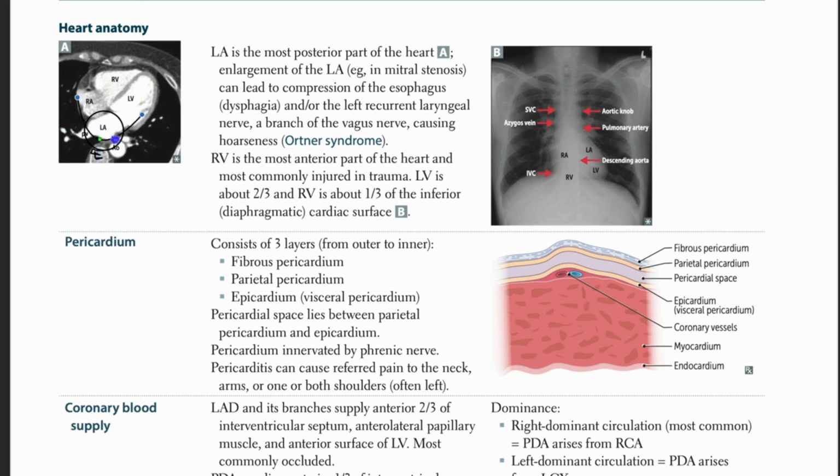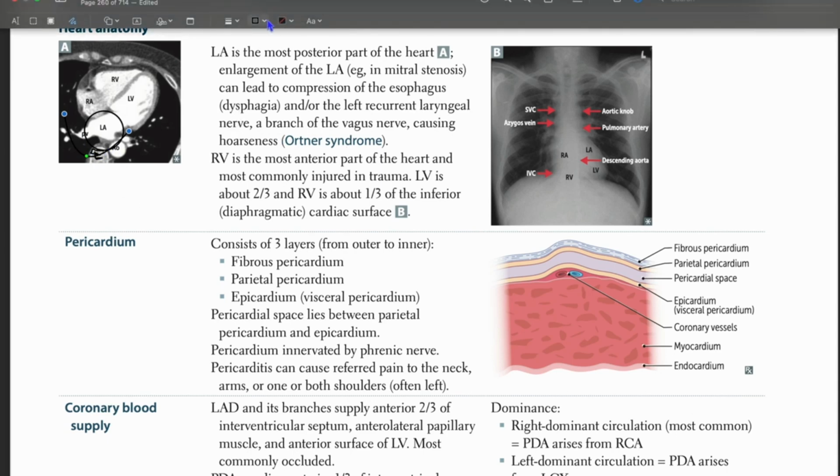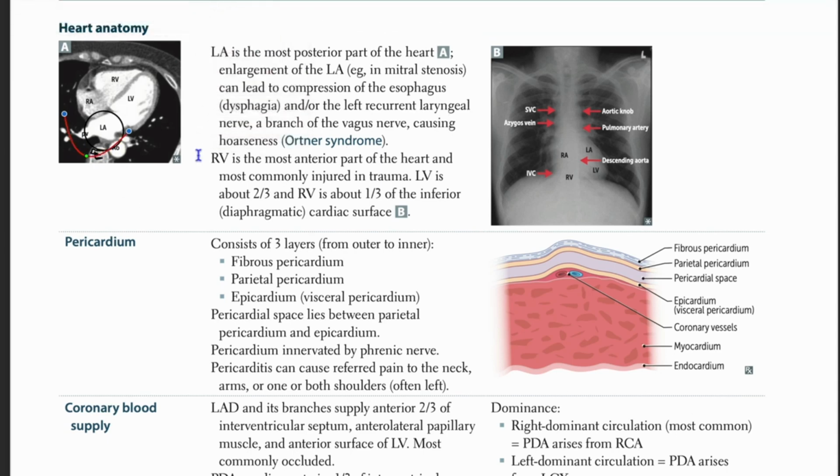The aortic arch has the left recurrent laryngeal nerve, so that's also going to get affected right there, because that's where the recurrent laryngeal nerve is. It's around the sixth arch, or the PDA.